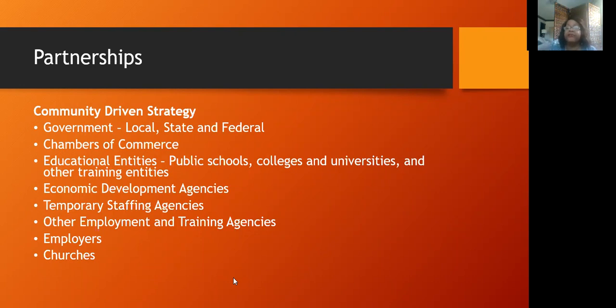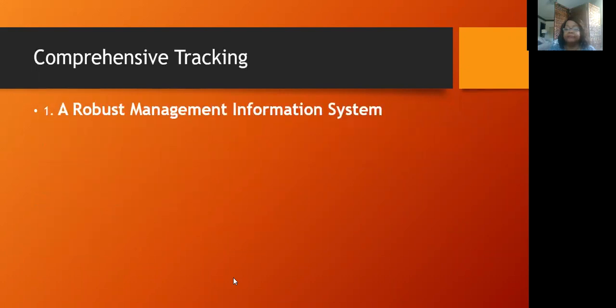The second factor in addressing comprehensive services is comprehensive tracking. For those of you who are federally funded, the most important question that funders ask you is, tell me about your tracking.